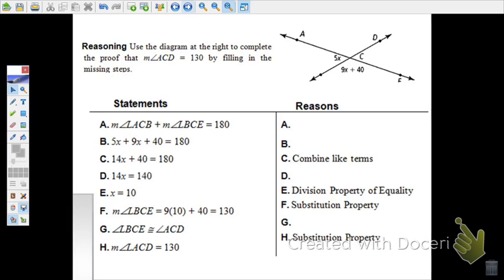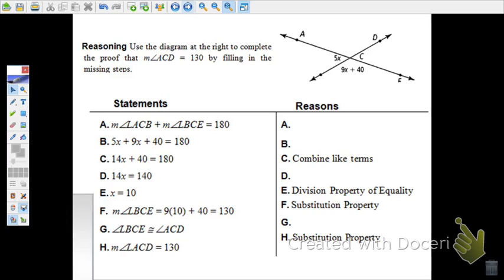So the first proof says to use the diagram at the right to complete the proof that the measure of angle ACD is equal to 130 by filling in the missing steps. Again, a lot of the work has been done for you. We just need to fill in some of those missing reasons.